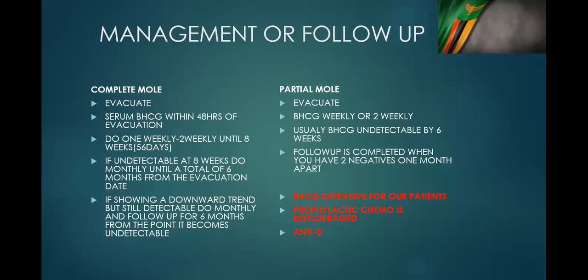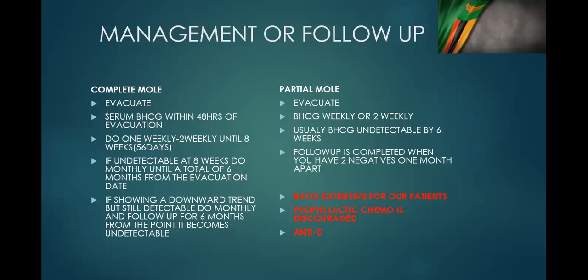Like if you do it 3 times in a short time, in a week maybe, you want to see that it's going down by 10% every day. But that opportunity most of us will not have. We will do beta HCGs weekly or 2 weekly if we are lucky, or monthly. But the important beta HCG to do is that one after evacuation, because it's your baseline.